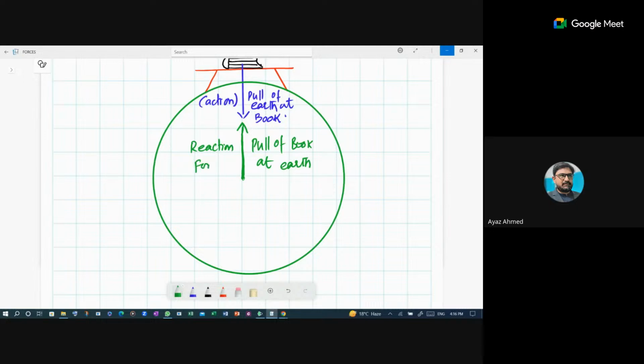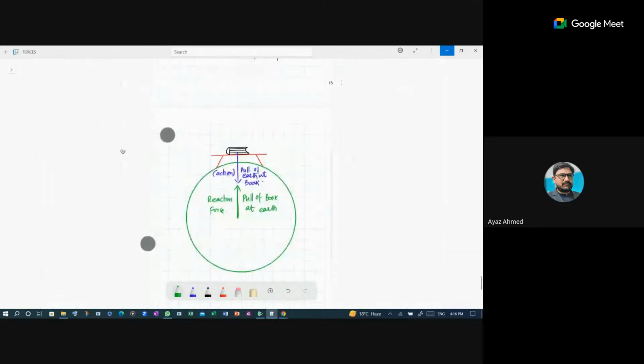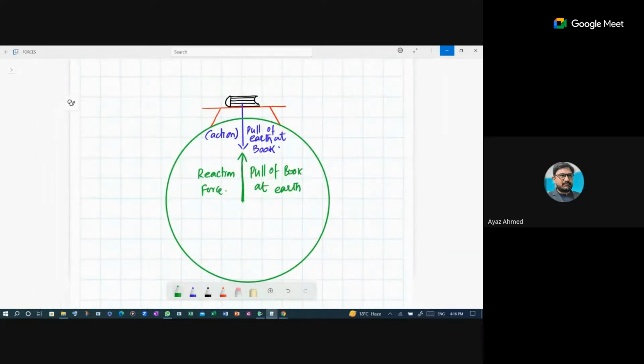Is it clear? So don't have this misconception that action and reaction are something complicated. Action and reaction are very simple here. In this case, the normal reaction force, or normal force, is the force exerted by the table on the book.